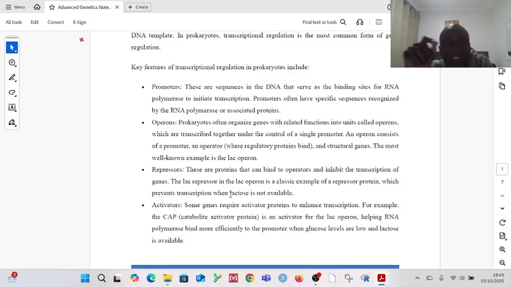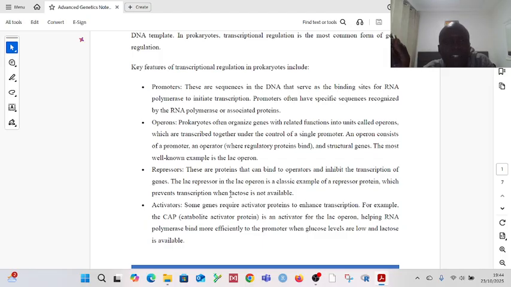Then another key feature is what we call an operon. Within operons, you have genes that are organized, genes that are grouped together because they have related functions. By those genes being grouped together by virtue of their related functions, those genes have to be transcribed together.